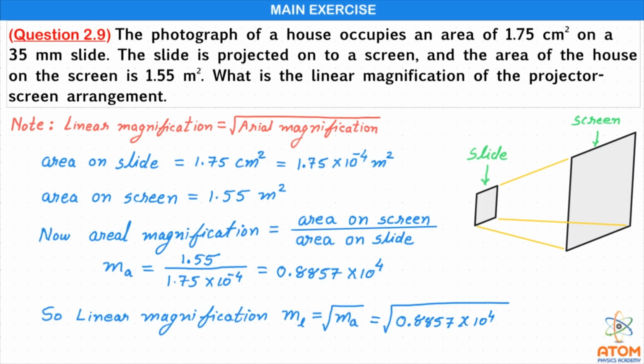Solving this, we'll get the linear magnification ML is equal to 0.94 into 10 raised to 2, or say just 94. So the linear magnification is 94. Here is our answer.